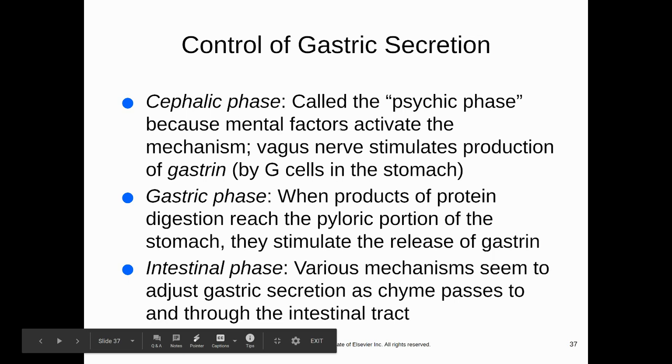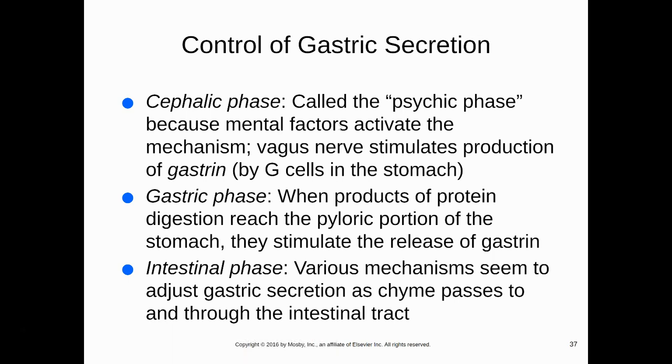This is the psychic phase, where you've got some type of nerve stimulus that allows this gastric secretion to start occurring. Usually it's an involuntary response, but it's controlled by your brain. You're not really noticing that you're doing it, but you're thinking, I just ate some food, let's start secreting some of those gastric juices.